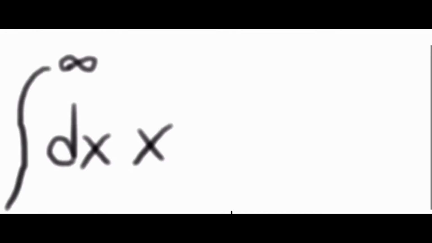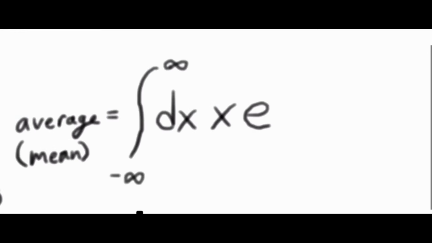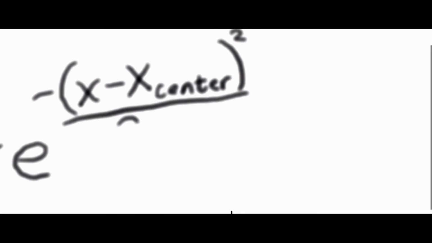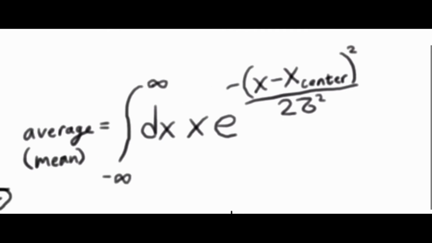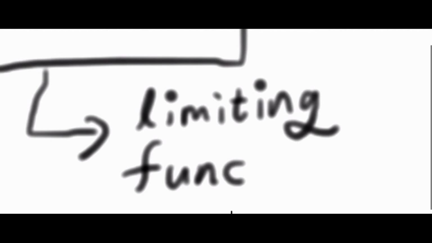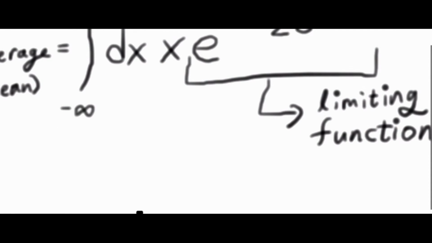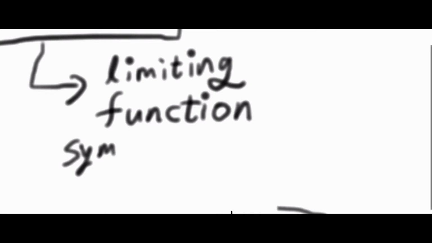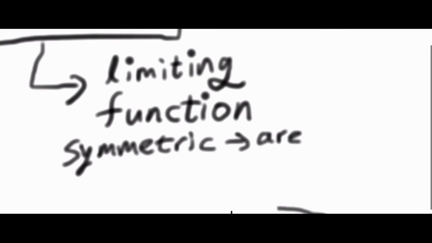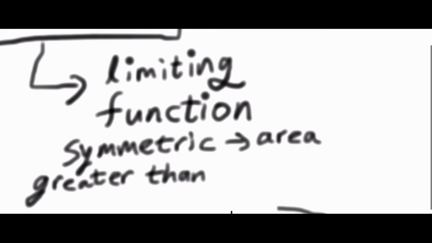So the average is equal to the integral from negative infinity to plus infinity dx x exponential raised to negative x minus x center squared divided by 2 sigma squared. Inside this integral is the limiting function, the bell curve or the Gaussian, which is a symmetric function. So the average of the limiting function is at x center.